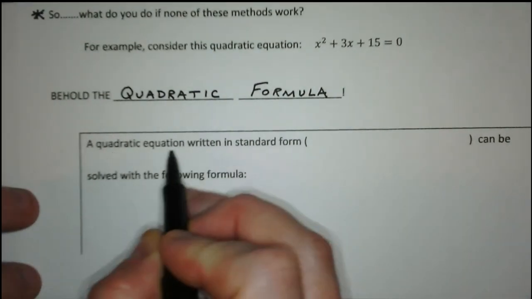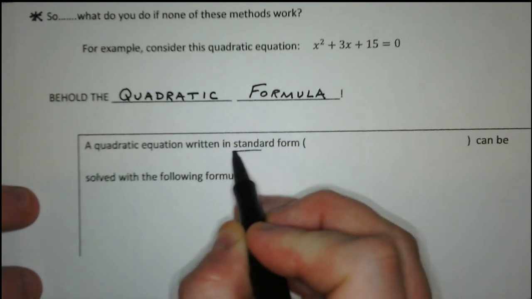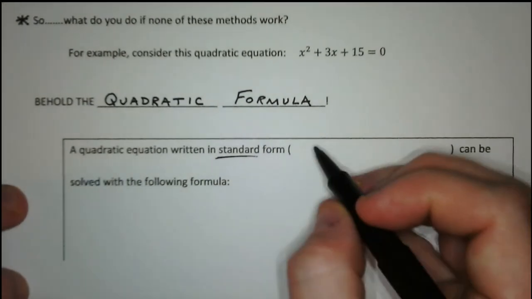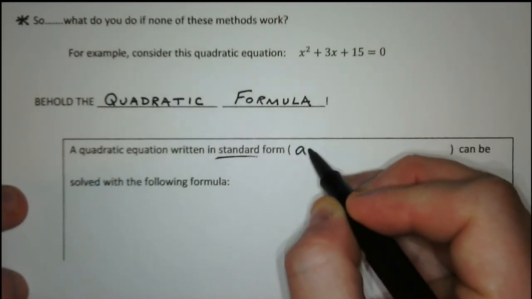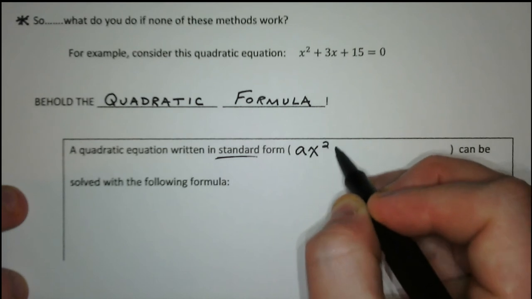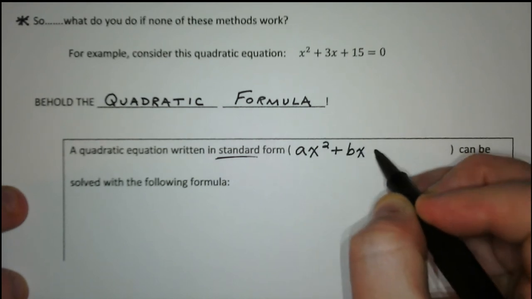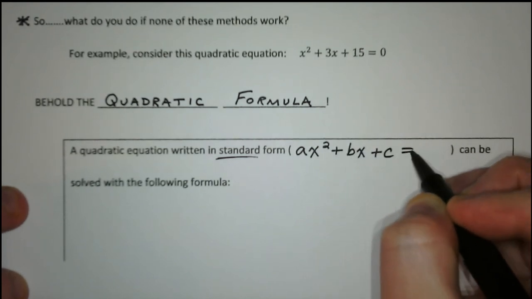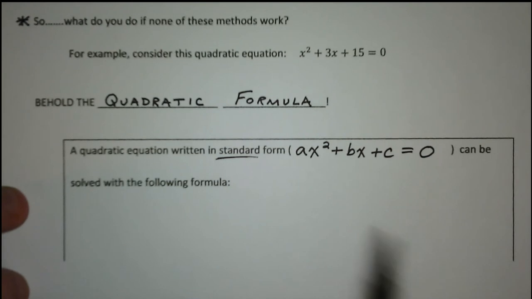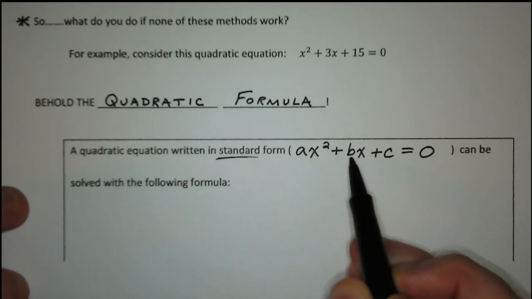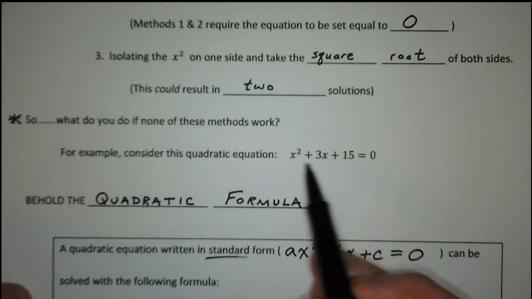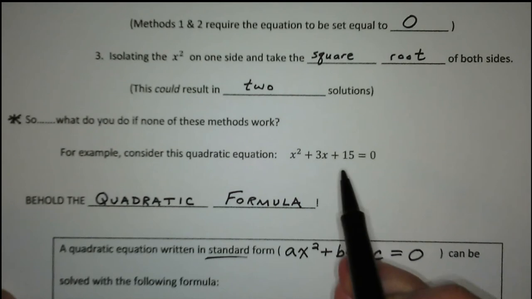Ready? A quadratic equation written in standard form, which I hope you at least sort of remember, is ax squared plus bx plus c equals 0. This already is in standard form.